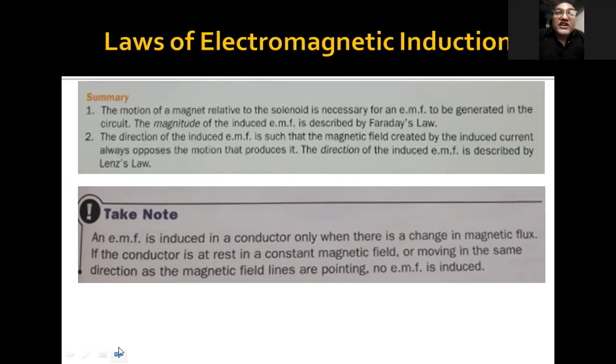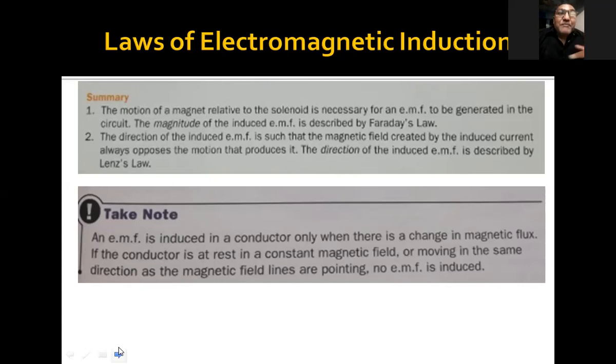In other words, we can say that when the magnetic flux of that bar magnet passing through that solenoid changes, then the EMF is induced. If the magnetic flux is passing through the solenoid, but it is not changing, then no EMF is induced.